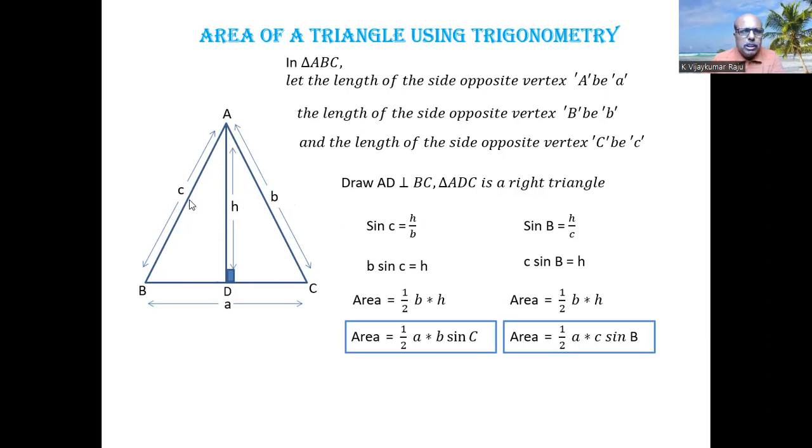It should be B into C. So that means area can also be written as half into B into C into sine of angle A.